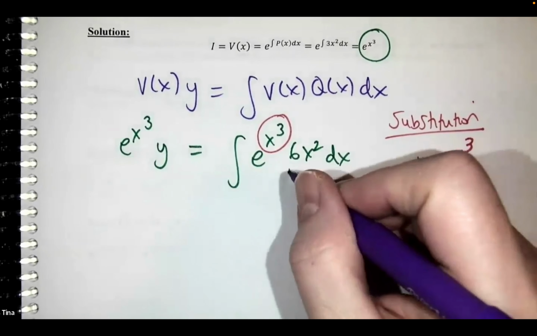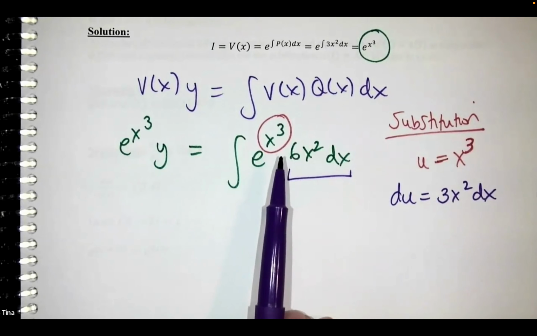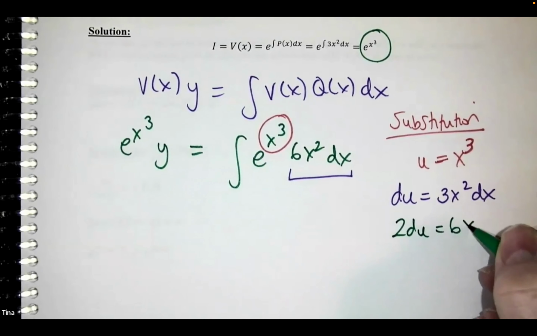So if I have to solve this here, I only have 3x squared dx for my du, but I have a 6x squared, right? So what can I do here? Well, we can multiply both sides by 2, right?